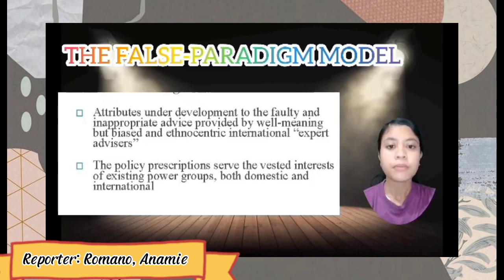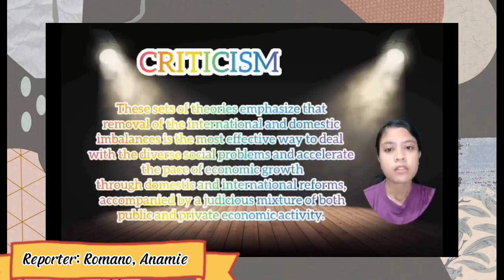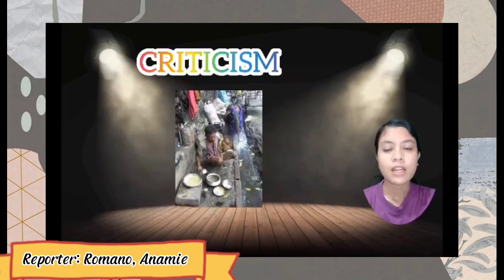This is under criticism. The sets of theories emphasize the removal of the international and domestic imbalances as the most effective way to deal with the diverse social problems and accelerate the pace of economic growth through domestic and international reforms, accompanied by a judicious mixture of both public and private economic activity.